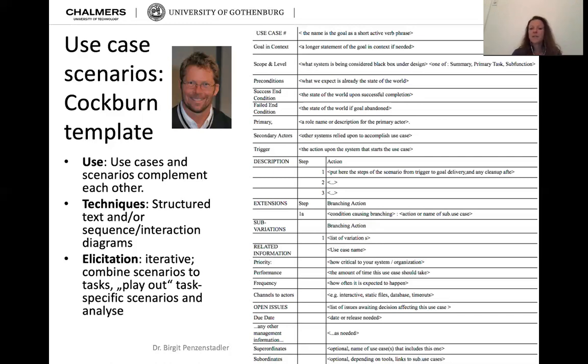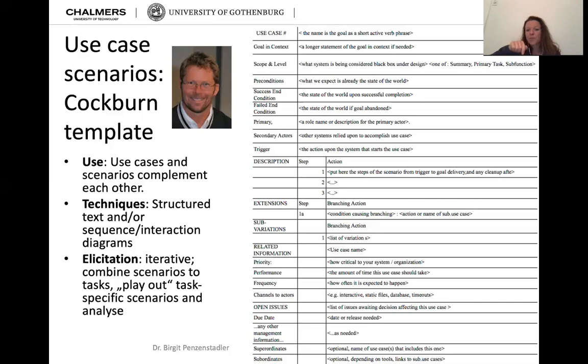And here you see two further breakdowns. One is called extensions and one is called subvariations. So after you describe your action steps, step 1, 2, 3, here we go, you get to talk about the extensions. Remember the extension use case bubble on the right? That's where you can stay.